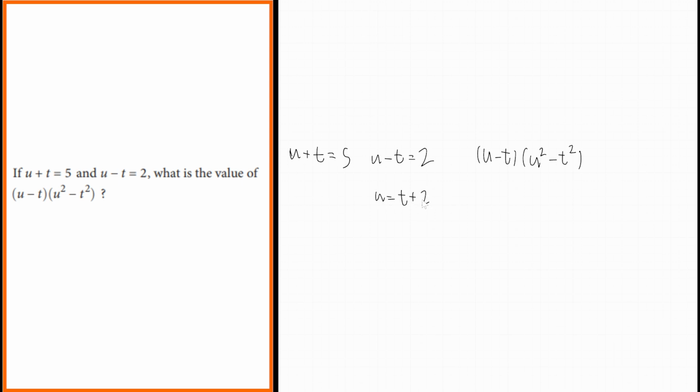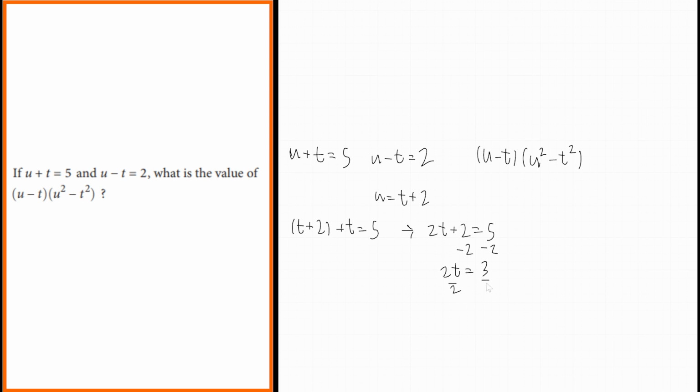Now we can take this value of u and plug it into u plus t equals 5, and we get t plus 2 plus t equals 5. This is the same thing as 2t plus 2 equals 5. We can solve for t. Subtract 2 from both sides, you get 2t equals 3.